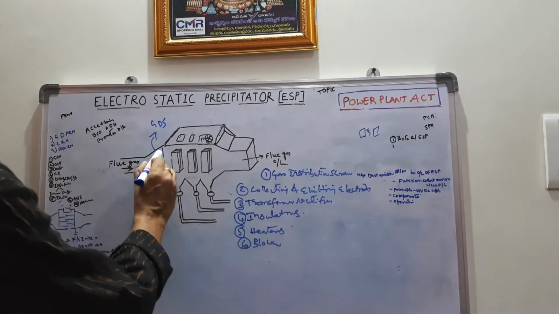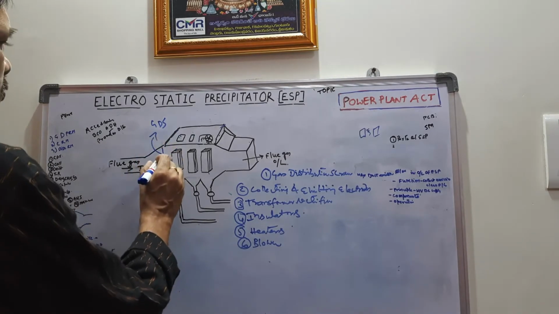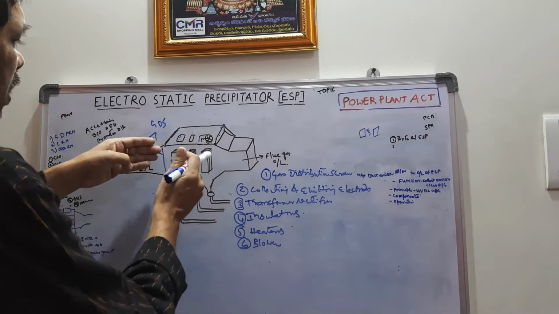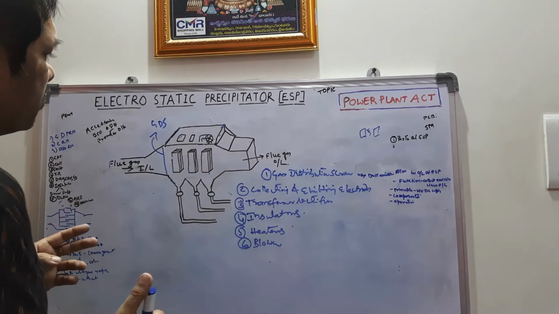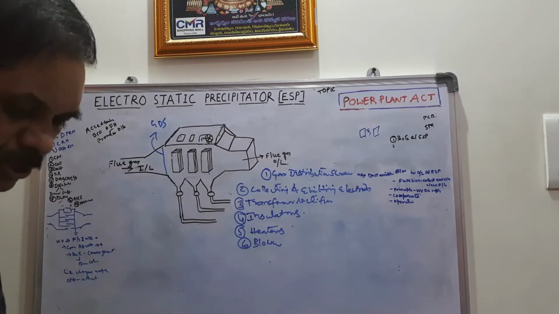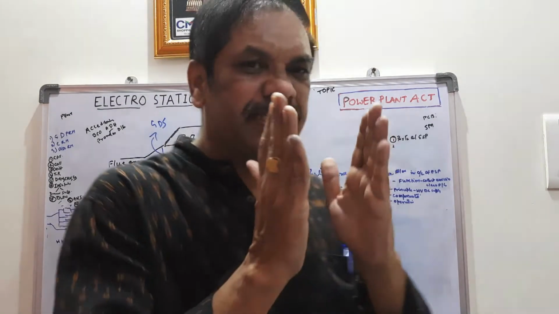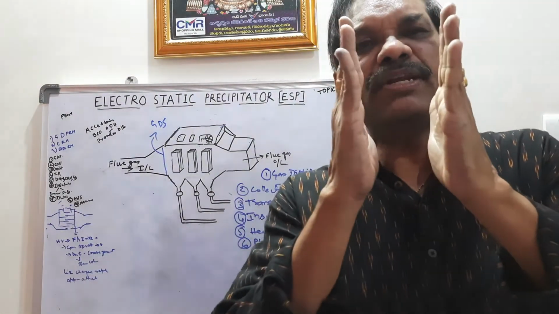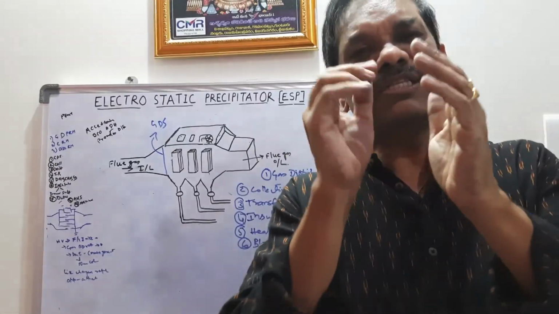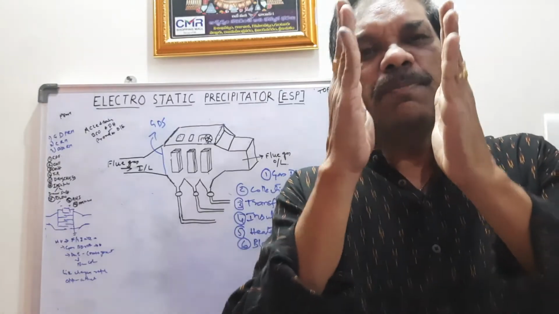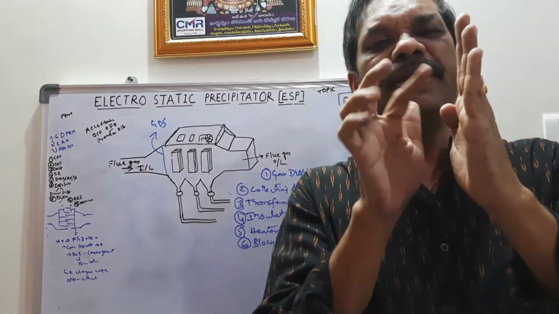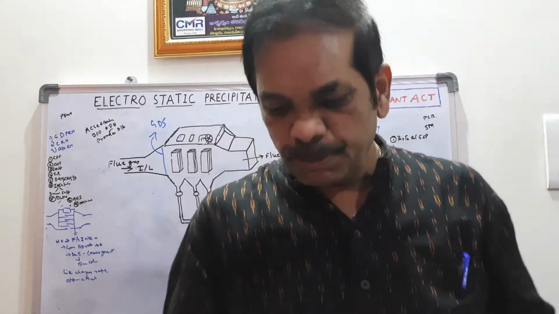After the gas distribution screen, a series of collecting and emitting electrodes are provided in the ESP. In between two collecting electrodes, one emitting electrode is provided. That means one collecting, one emitting, like that it is provided.